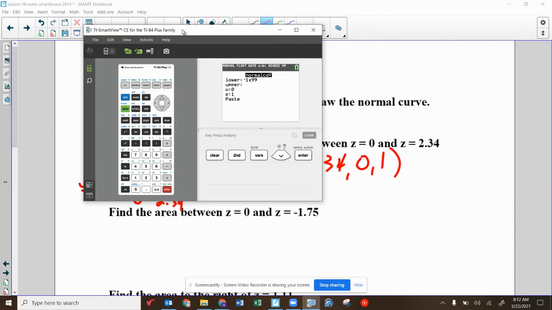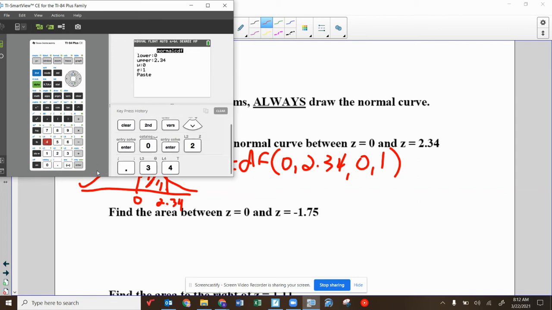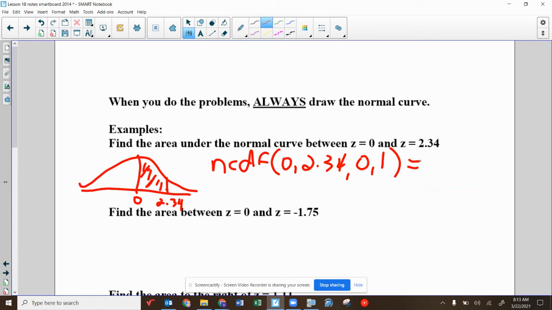So for ours, we had a lower bound of 0 and upper bound of 2.34, mean of 0 and a standard deviation of 1. Paste that in, and we get that for an answer. So let's go 3 decimal places, and that'll be 0.490, which if we write that as a percent, 49.0%.